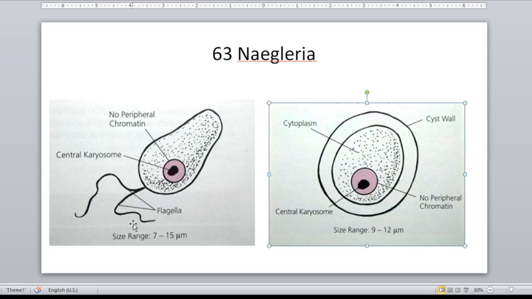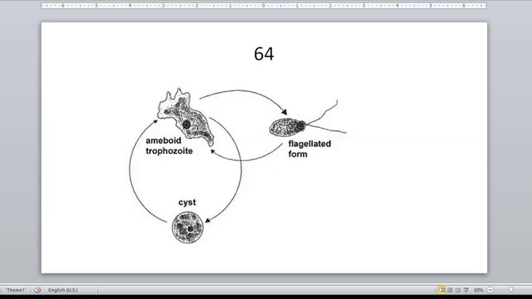This one has flagella, therefore this is the flagellated form. These are the three stages. The cyst can excyst to form the amoeboid trophozoite, which can become the flagellated form, which can turn back to become the amoeboid trophozoite.